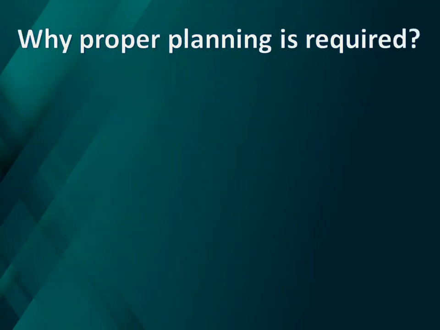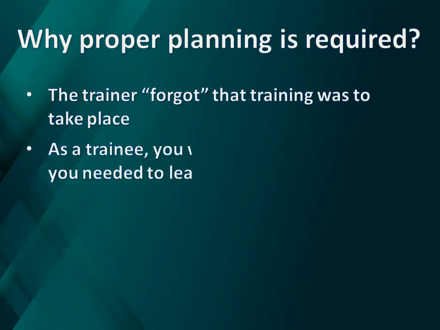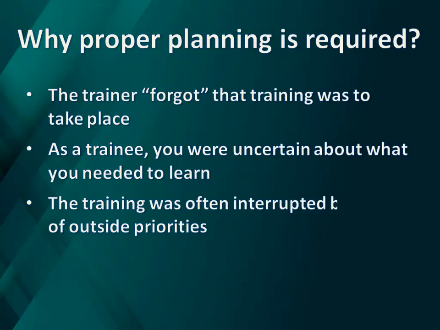Why proper planning is required? The trainer forgot that training was to take place. As a trainee, you were uncertain about what you needed to learn. The training was often interrupted because of outside priorities.